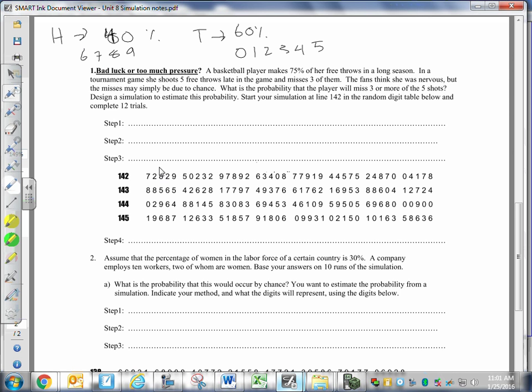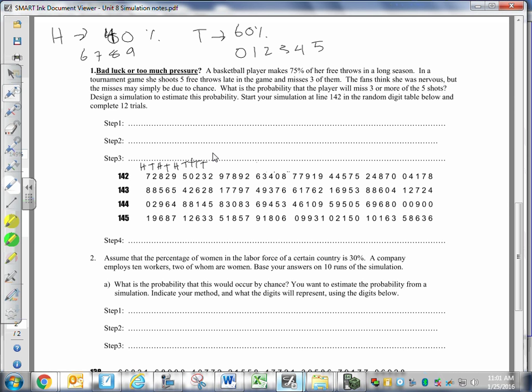Well, now let's do the trial. Here is my trial for a weighted coin. I would get a head, a tail, head, tail, head, tail, tail, tail, tail, boom. I did it. My probability went up.